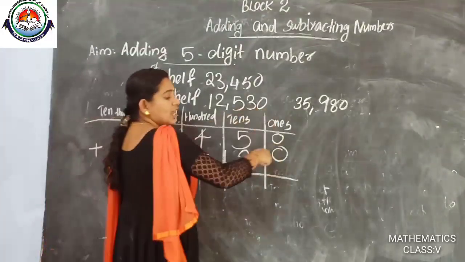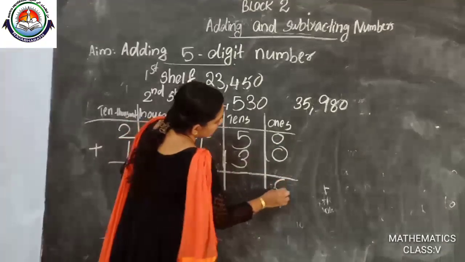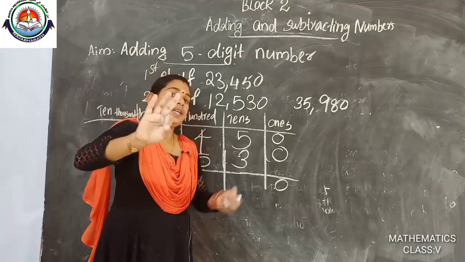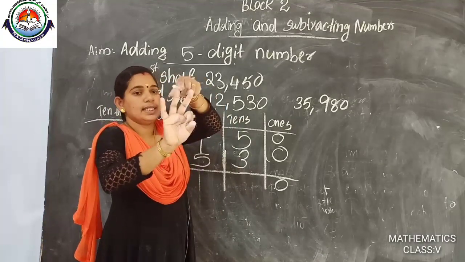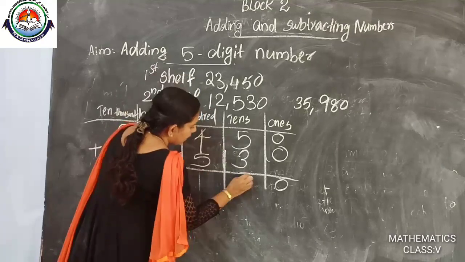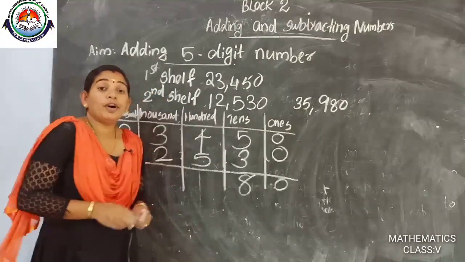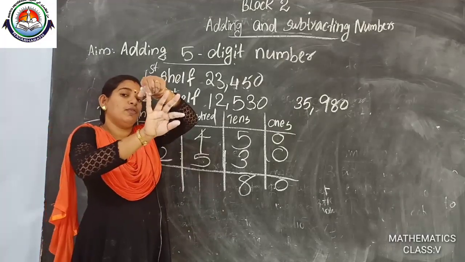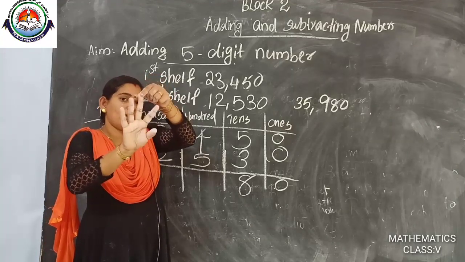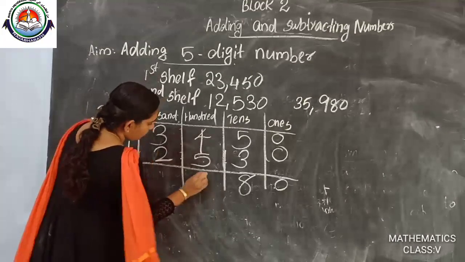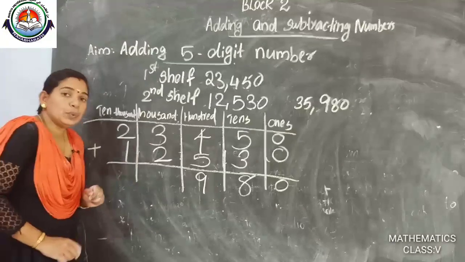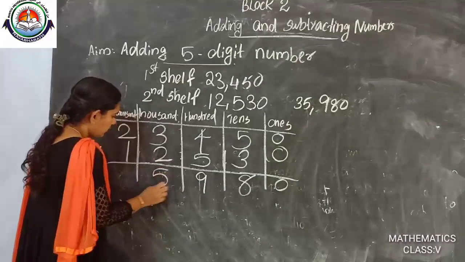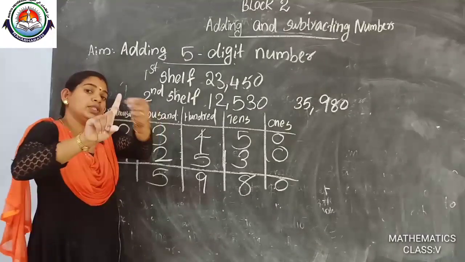So each place value we are adding. 0 plus 0, 0. 5 plus 3: after 5, we take 3 fingers, 6, 7, 8. 8. Then 4 plus 5: after 4 we count 5, 6, 7, 8, 9. 9. 3 plus 2: 3, 4, 5. 2 plus 1: 2, 3.